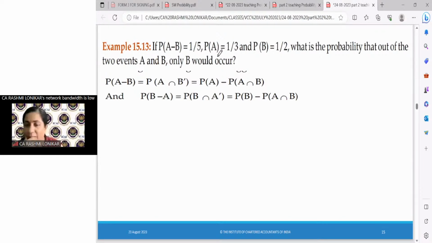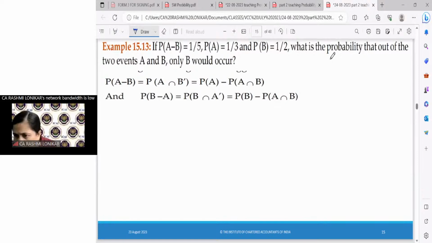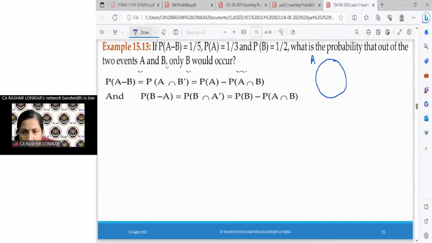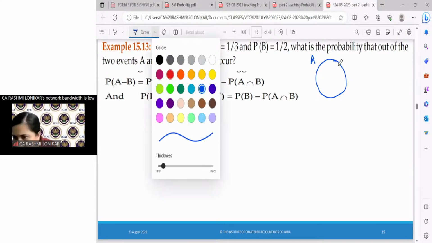What do you mean by only B will occur? This is my set A. This is my set B.